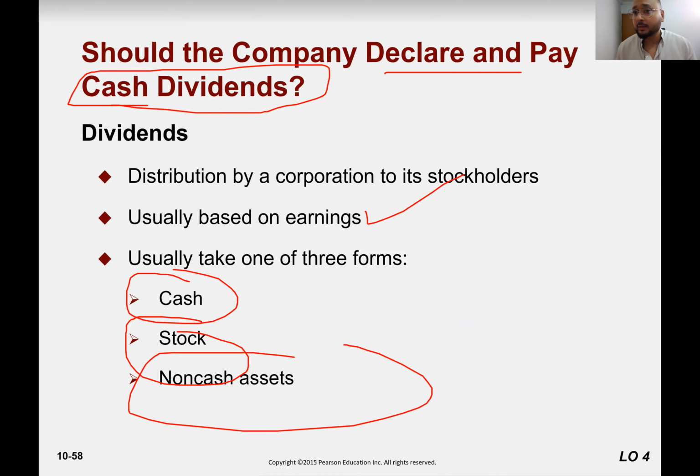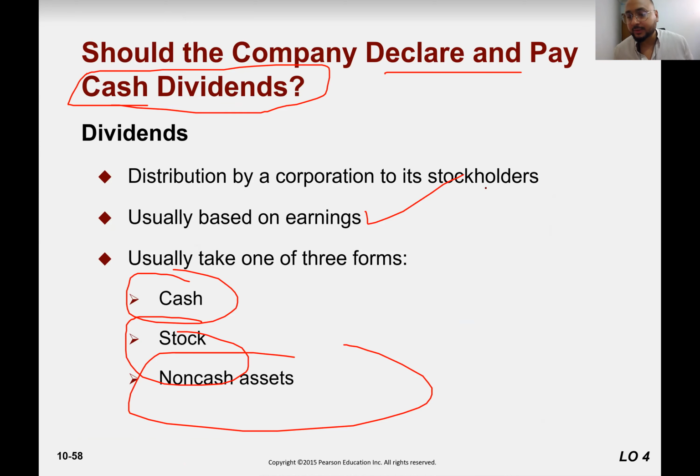But that doesn't mean the dividend must be in the form of cash. Dividend can be in the form of shares as well. The company issues new shares and instead of giving you a dividend, they give you new shares. Instead of giving you cash, the company can give you some products. For example, the company makes laptops or mouse or keyboard, and the company can give you keyboards or laptops, right?